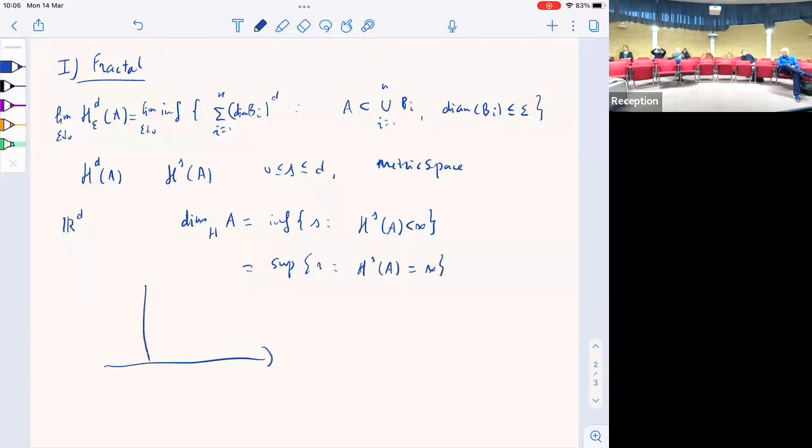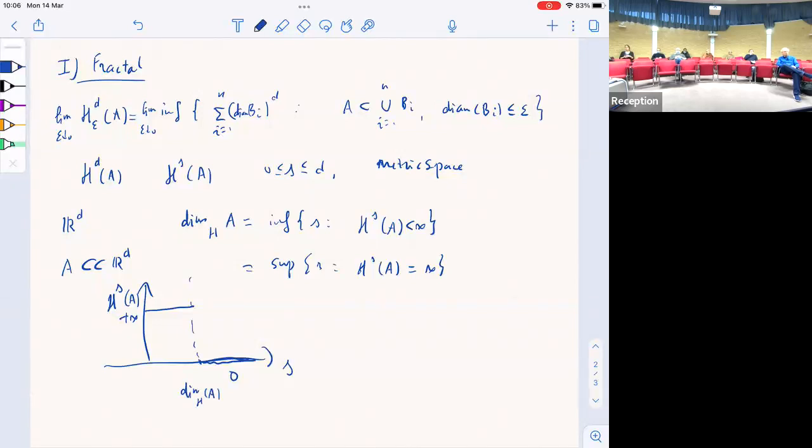The logic of this is that for a fixed compact subset of R^d, we can draw a figure of the s-dimensional Hausdorff measure of A as a function of s. If s is too small, then it's going to be infinity. Otherwise, it becomes 0. So this threshold value where it's not 0, not infinity, or it could be both actually, but there's a threshold value where the value is uncertain, we call it the Hausdorff dimension of A.